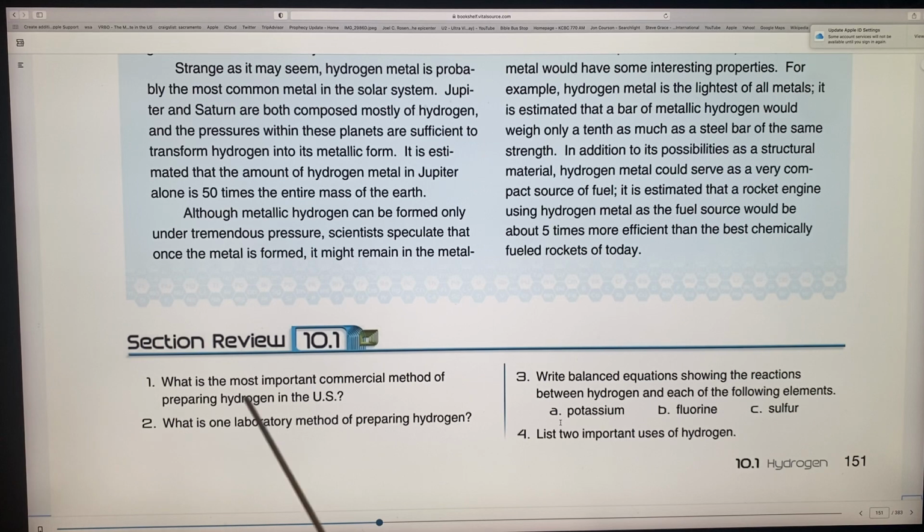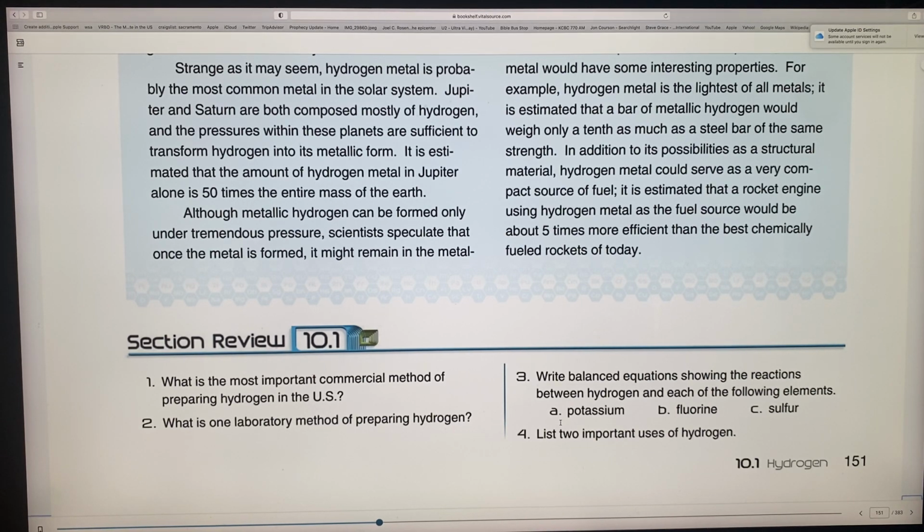Steam reforming, it's called. And a method of preparing hydrogen chemically in the laboratory would be using zinc, which is a good way. I went over that process of reacting the zinc to produce hydrogen.